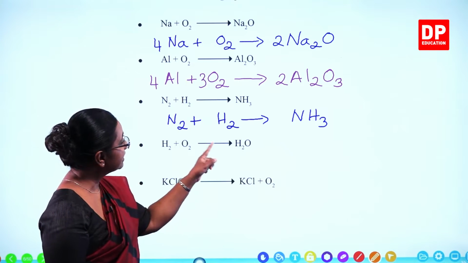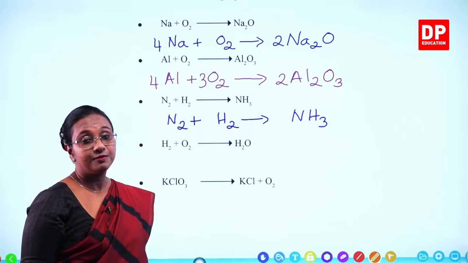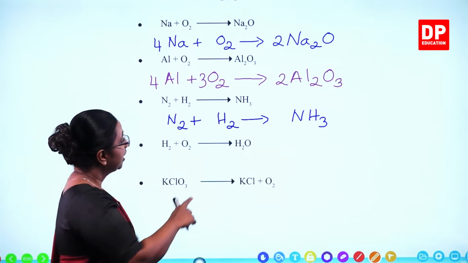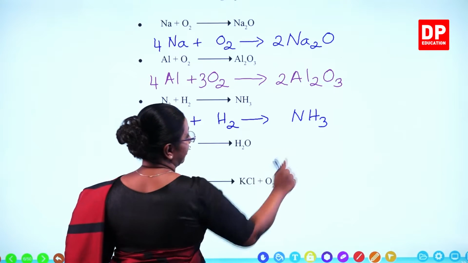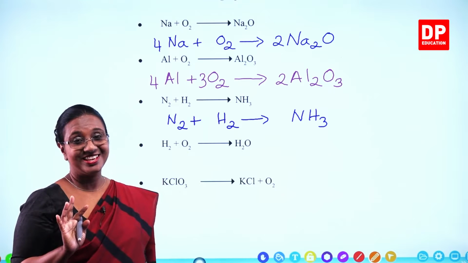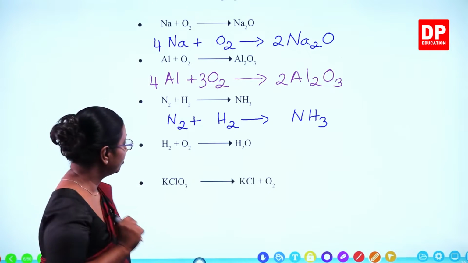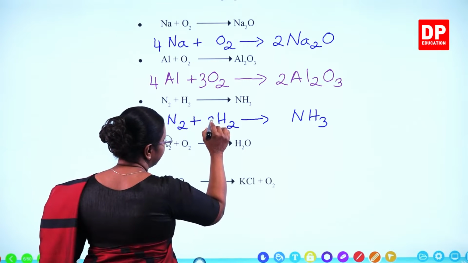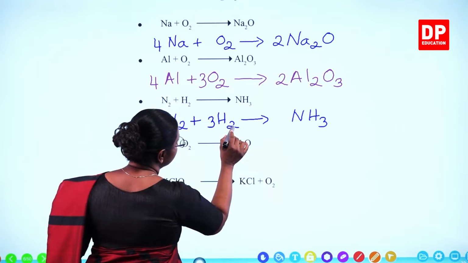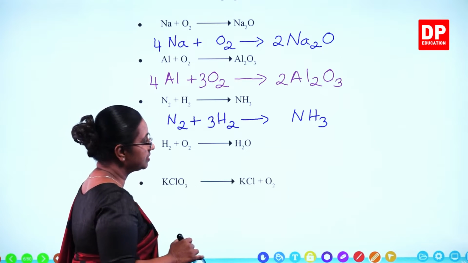So, if we balance the hydrogen atoms first, it will be easy for us. Now, H2, H3. Now, you all are familiar with this. 2 and 3. So, we need to make it 6. How do we do that? We write a 3 in front there. 3 into 2, 6 hydrogen atoms.